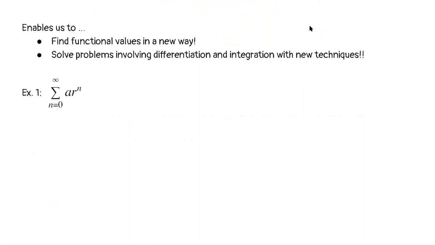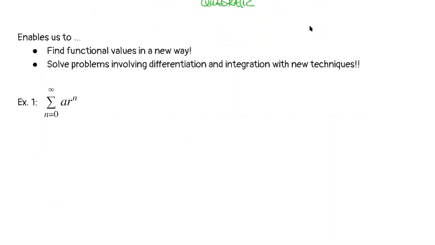All right, so what I'd like to do here is take some time and take a look at this first example, right? So I've got this infinite series, n equals 0 to infinity of a times r to the n. And that's something that we recognize, hopefully, as a geometric series. This is an infinite geometric series.